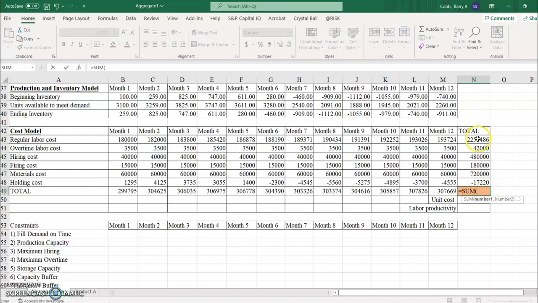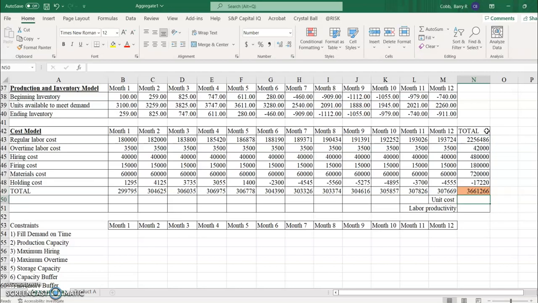And we'll have a grand total of all these costs for the 12-month period. We see we've got some negative holding costs, but due to our constraints that we'll enter later, those won't be costs when we actually have the solution to the model.